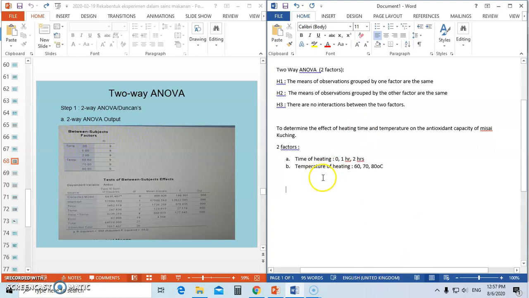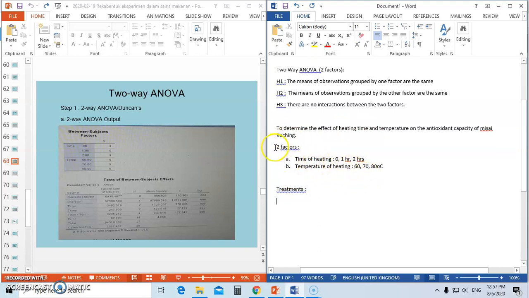So when we do this, the treatments for this experiment, because this is a two-factor experiment, will be a combination of the levels.